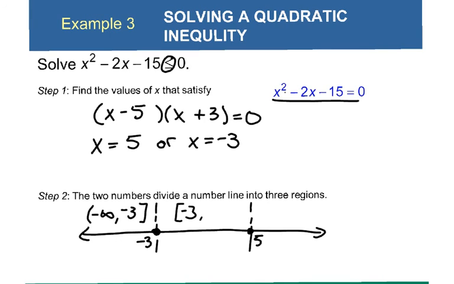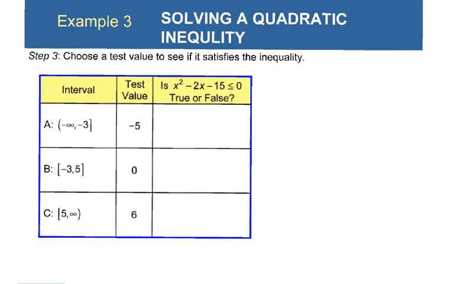It goes from -3 to 5, just like that. And then start back up, go to 5 to infinity, because everything greater than 5 is infinity. Okay, so there are 3 intervals, and I'm going to show you the next step on the next page.